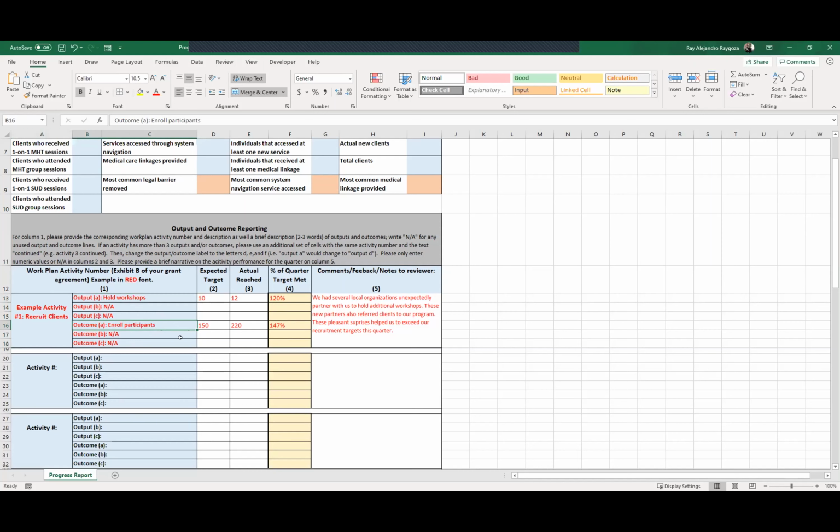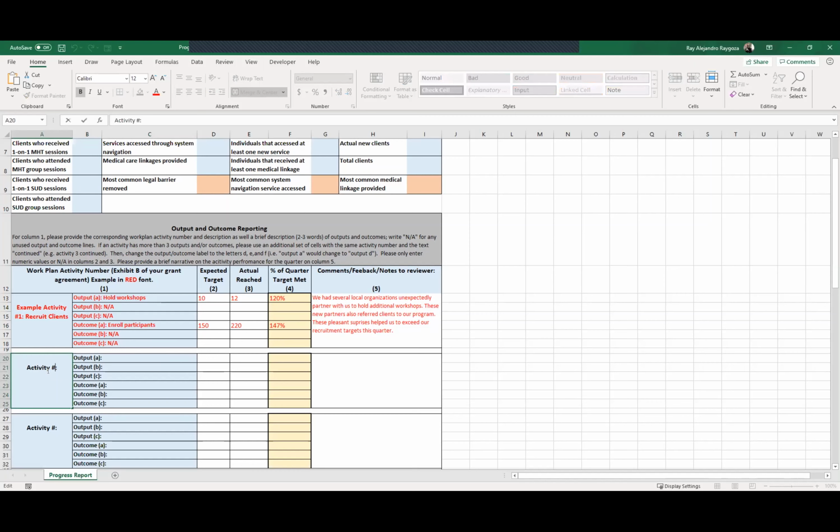However, if you happen to have more than one outcome, then you would move to output activity B, output activity C. Now, what happens if you have more than 3 outputs or outcomes for a given activity? Then what you would do is continue below. So in this case, let's just pretend that output activity 1 had 4 outcomes.